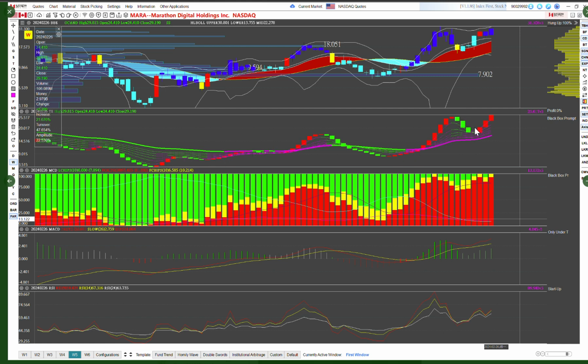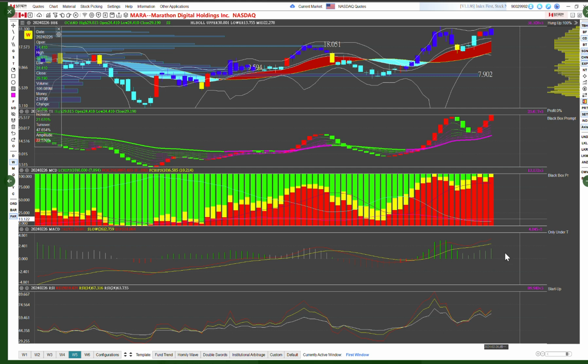Matter of fact, the higher time frame you look at, the more reliable it is, as far as I'm concerned, right? It gives you very similar data, but on a very different time frame. Flow data, the percentage of whales versus percentage of retail that are in the stock.